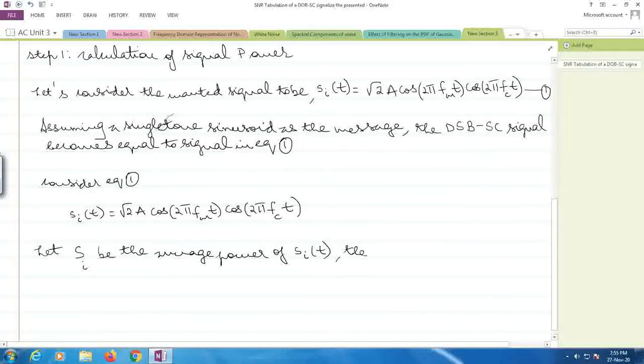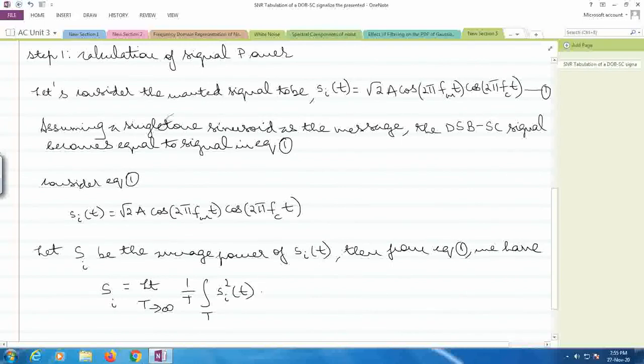Then from equation 1 we have Si to be equal to limit T tends to infinity 1 by T integral over T Si square of t dt.